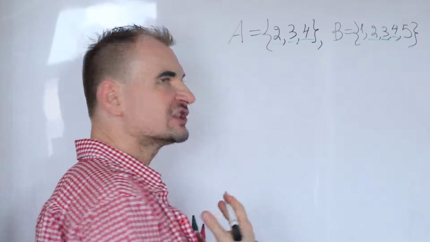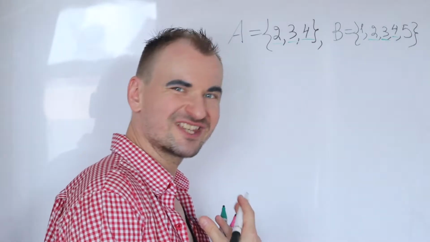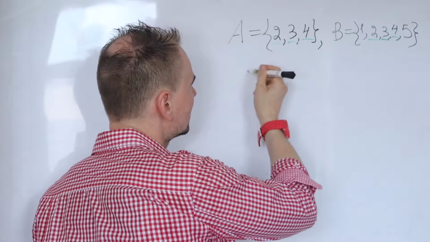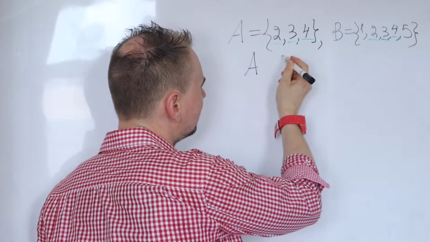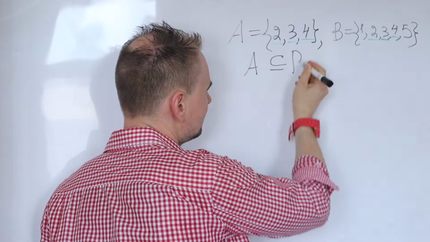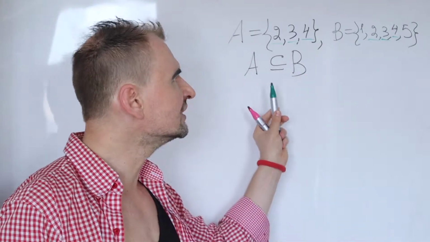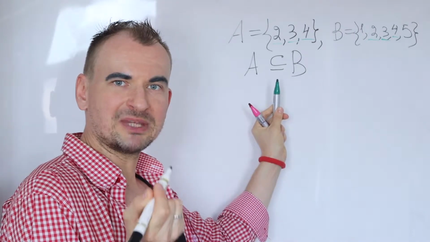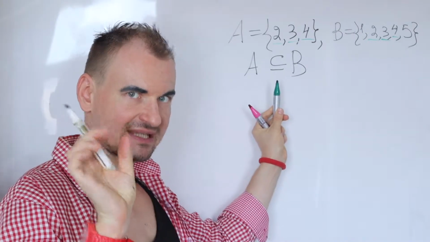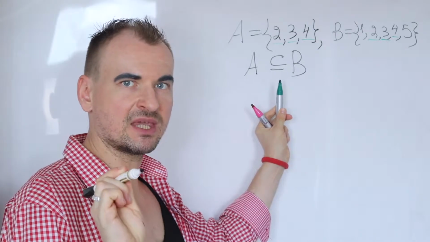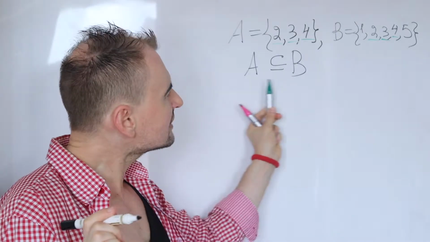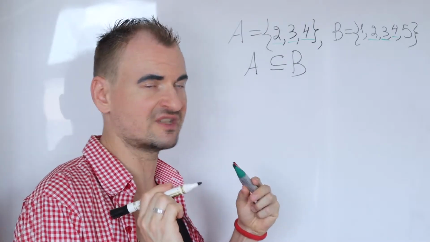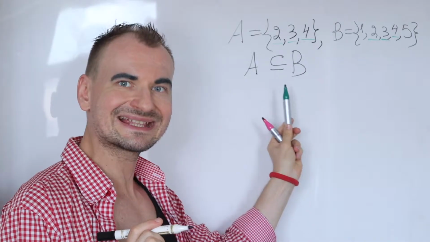And there is a special notation for this fact. It's a special relation between these two sets, and it's usually denoted by this symbol. It's very similar to the relation between an element and a set that I gave you at the beginning of this episode, but this is a different story. This is the relation between two sets.